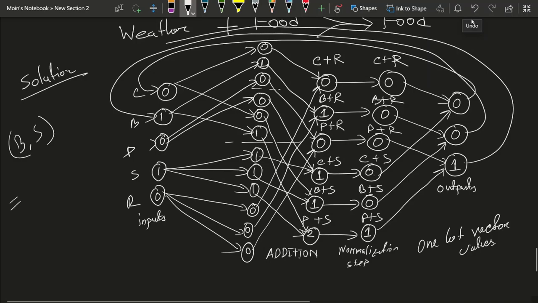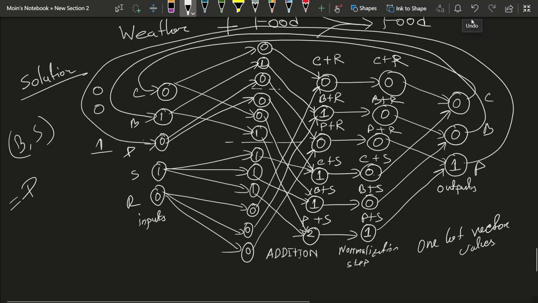This 1 means it will be recurrent to here, and if it's chicken, burger, pizza, then I'll have a pizza on the next day and it will recur, like 0, 0, 1, and the weather will decide if it is going to be the same or different. So that's how the recurrent neural network actually works.